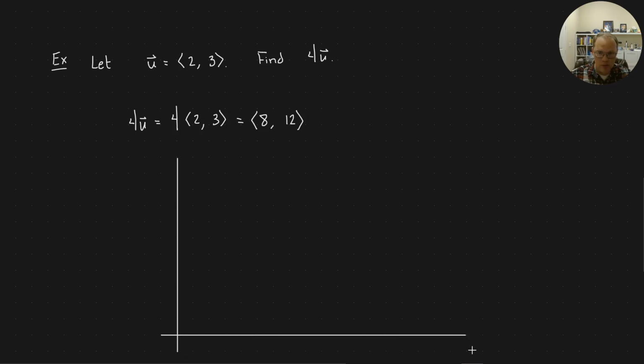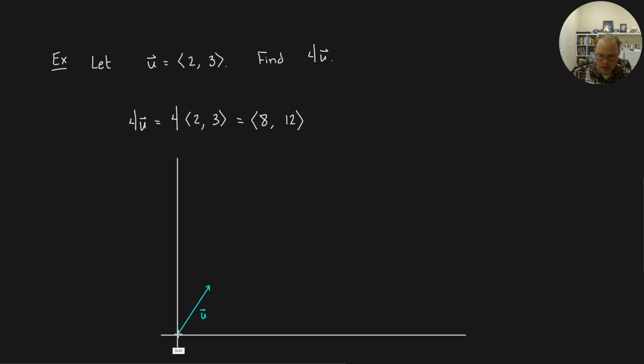What we expect to happen is we expect to have our vector u, and then this should be 4u, should be 4 times as long as our original vector u. Okay, so 2, 3, that's 2 units in the x direction, 3 units in the y direction. And now this guy should be 4 times as long, so let's see. 4u is 8, 12.